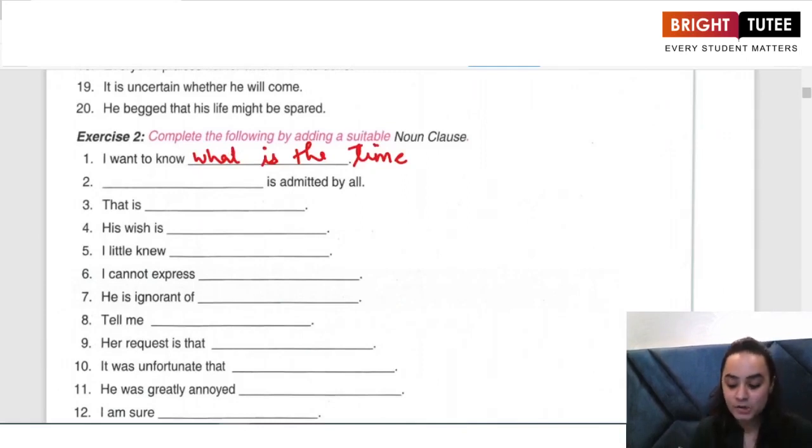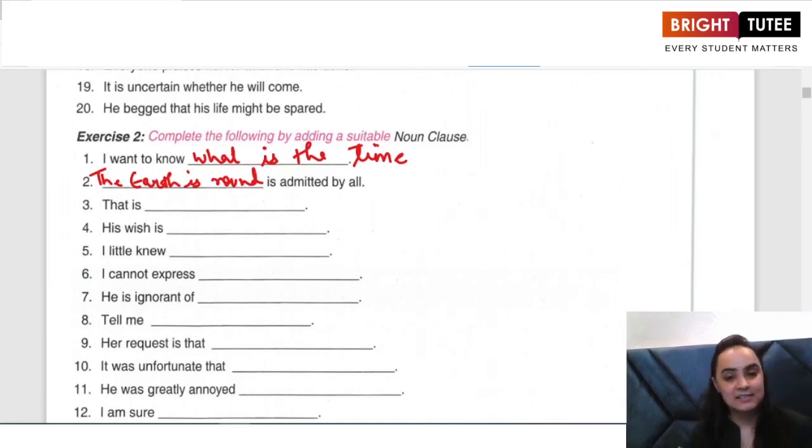Second, dash is admitted by all. What is admitted by all? The earth is round is admitted by all. Everybody has agreed to it that the earth is round.